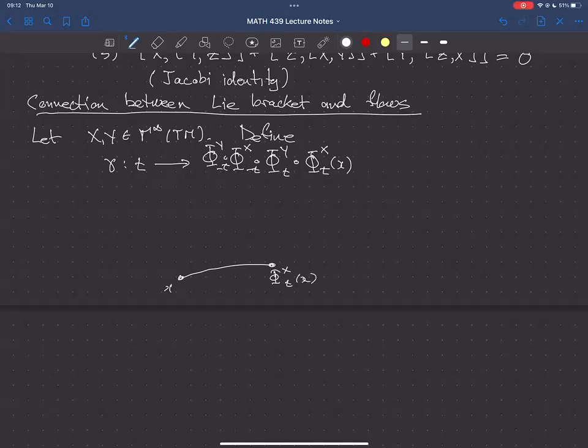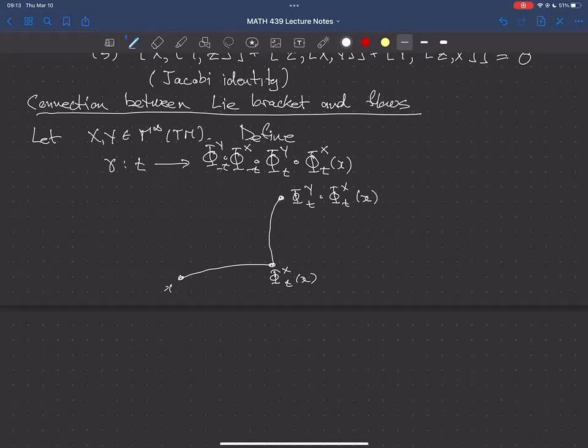Then starting at this point, I follow the integral curve for Y for time t. So maybe it looks something like that. This is phi Y t composed with phi X t of x.